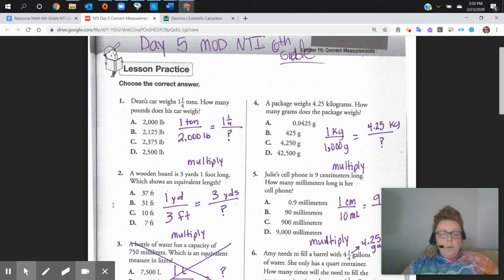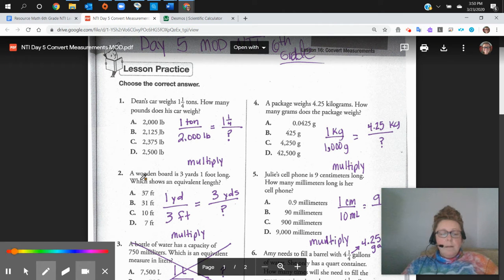So on these, you are going to look at the top numbers and ask yourself, what can I multiply 1 by to get 1 1/4? I've written multiply on each of these because every single time you're going to think about multiplication. We're not going to be thinking about adding. Ratios, we use multiplying. Okay, equivalent ratios, we use multiplying.